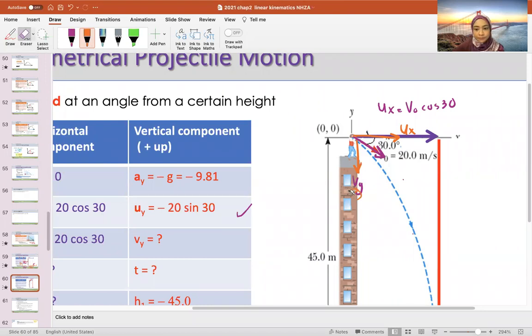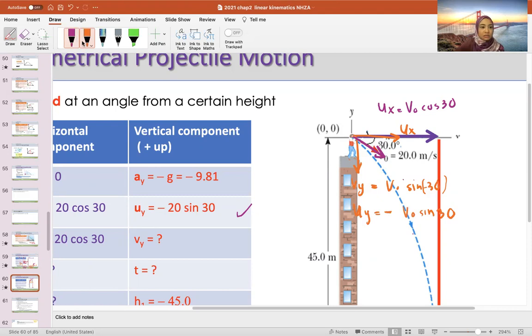So your Vy is actually going down, but I said it's just V naught sine theta, which is incorrect. What it actually should be is minus 30, or you can say uy is equal to minus V naught sine 30.